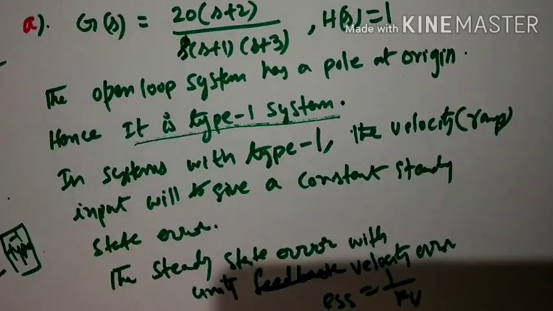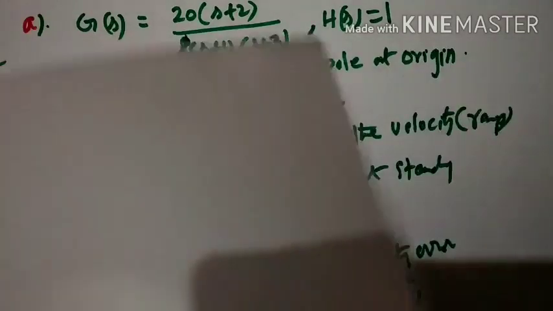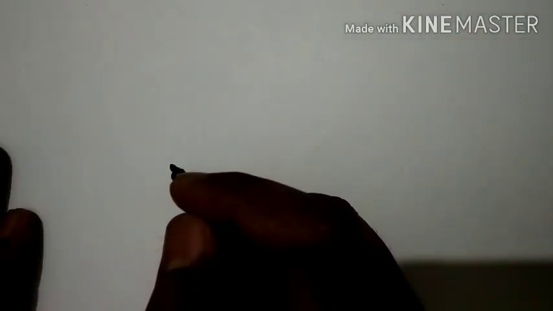Now we find the velocity error constant. What is the equation for the velocity error constant?